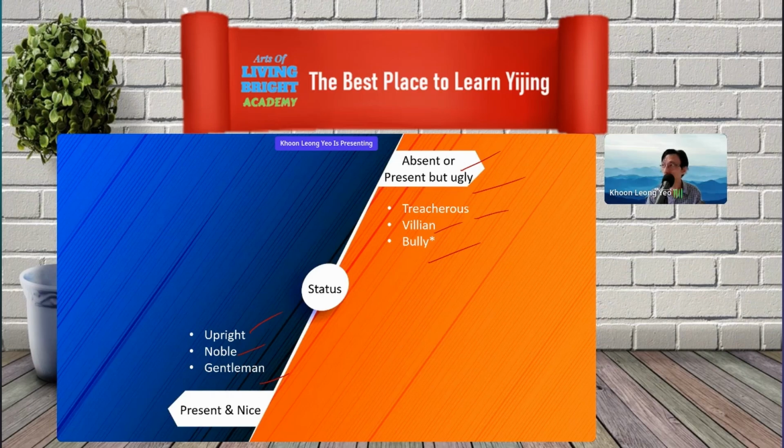Okay. Now, when talking about bullies, here is one trick for you to spot them. It is if your back building has a very strong fire energy. Fire energy means pointed buildings.